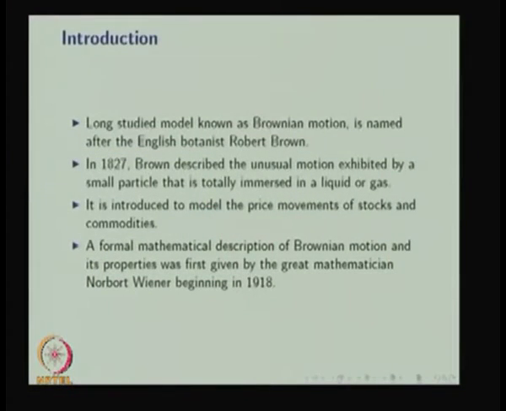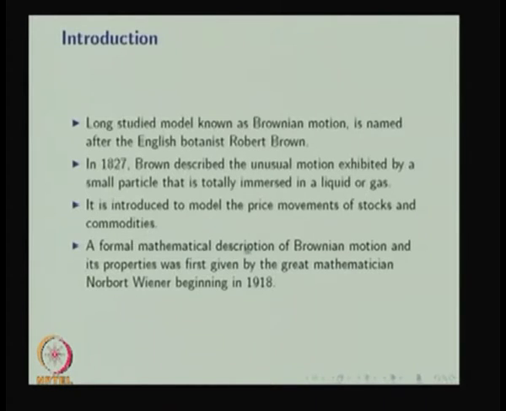The long-studied model known as Brownian motion is named after the English botanist Robert Brown. In 1827, Brown described the unusual motion exhibited by a small particle that is totally immersed in a liquid or gas. It is introduced to model the price movements of stocks and commodities.